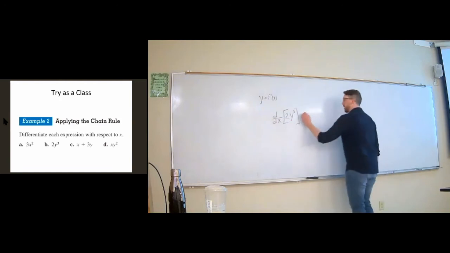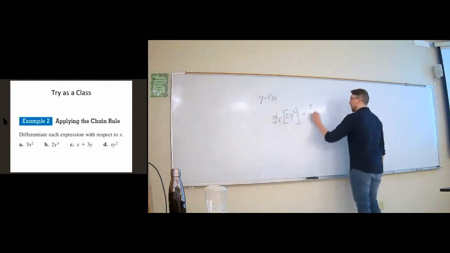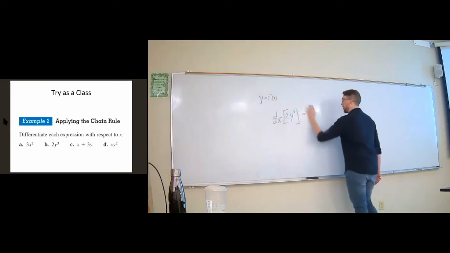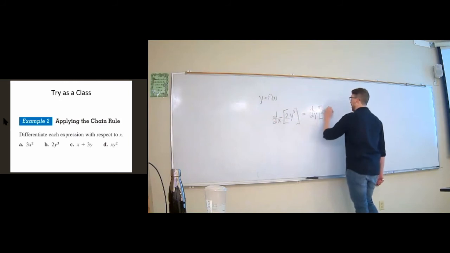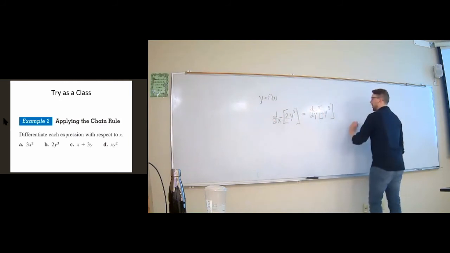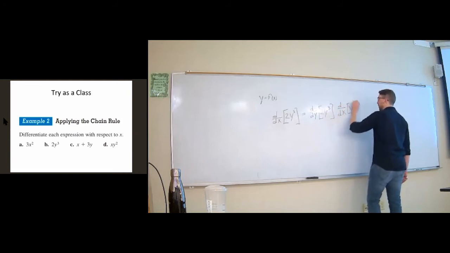It's going to come out to be the derivative of 2y cubed with respect to y, times the derivative of y with respect to x.